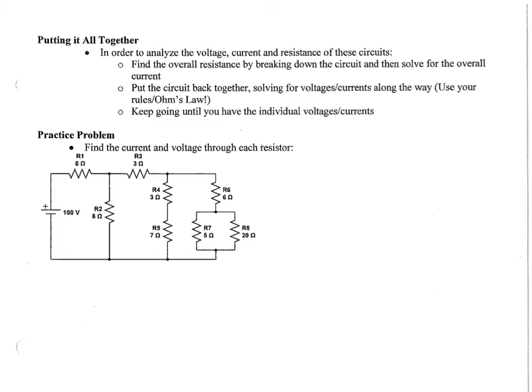So V equals IR, Ohm's law, or I equals V over R, to solve for the current and the voltage through each resistor. And you're going to keep going backwards and backwards until you end up with all of these resistors solved for.